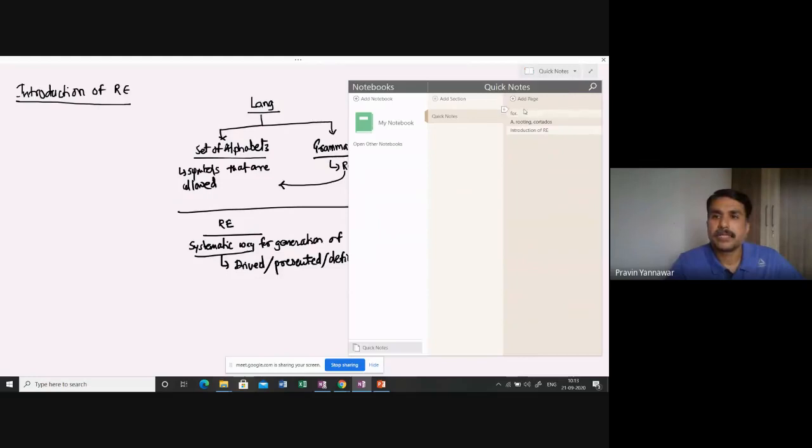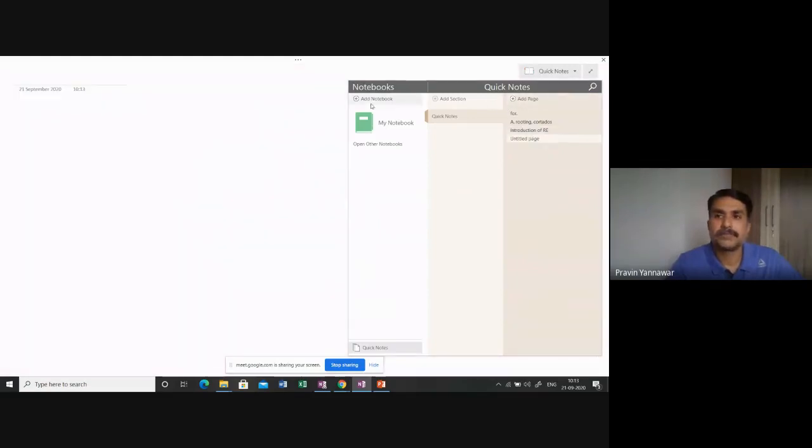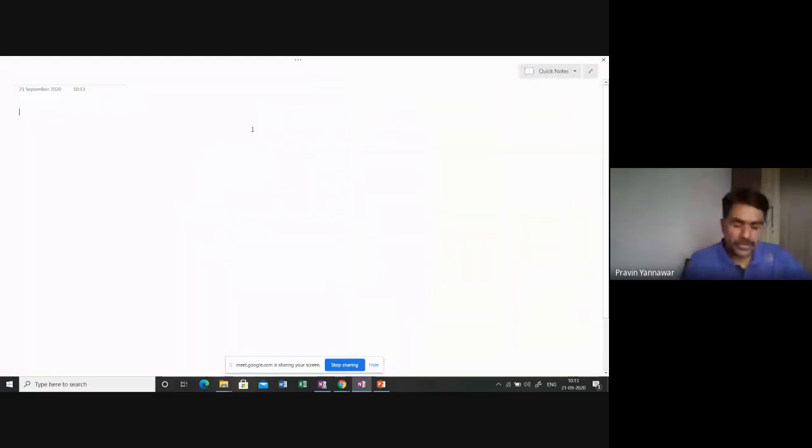Let us go to the next point. Whenever you are going with the regular expression, the important thing to understand is that this regular expression is defined over terminals.